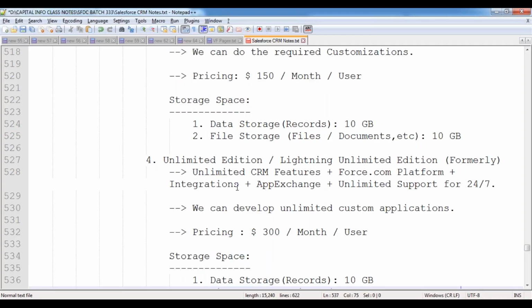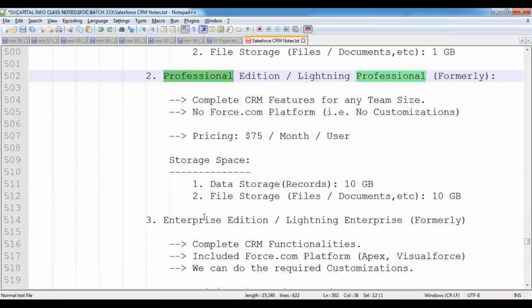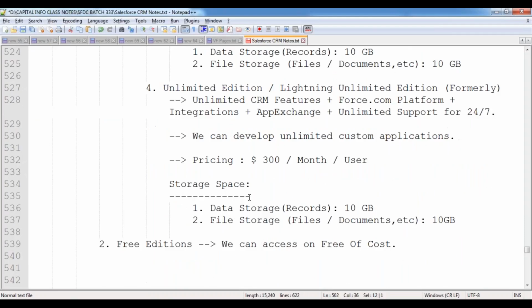Essential edition, professional edition, enterprise, or unlimited? 99% of the organizations are using Unlimited. So say it confidently. These are small questions. Generally, nobody will discuss all these things. They will ask about the editions only, a simple concept, but they won't ask for this detailed information.